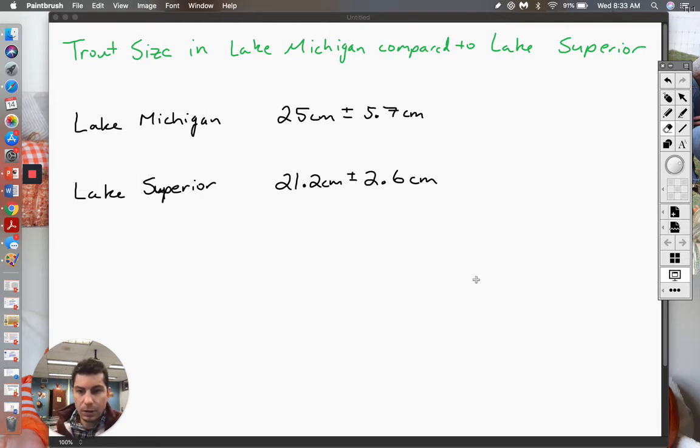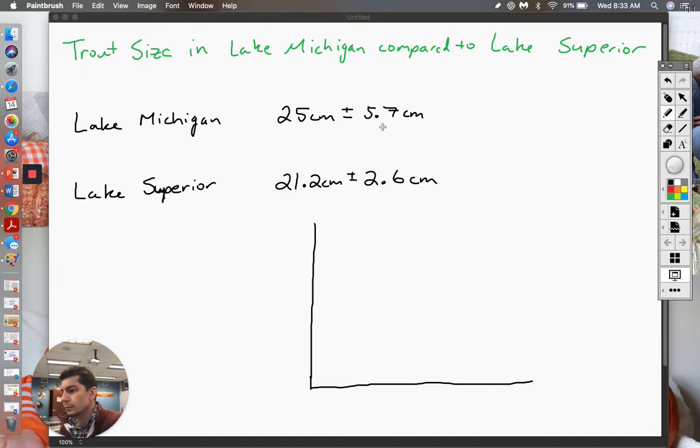So let's make our chart here. Okay. So for this one, guys, we're comparing two things. And we don't have a whole slew of numbers that are increasing and decreasing.